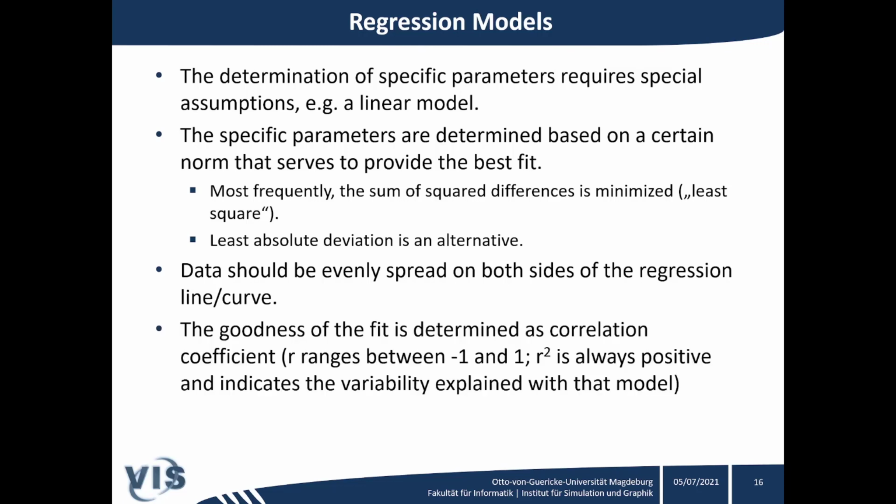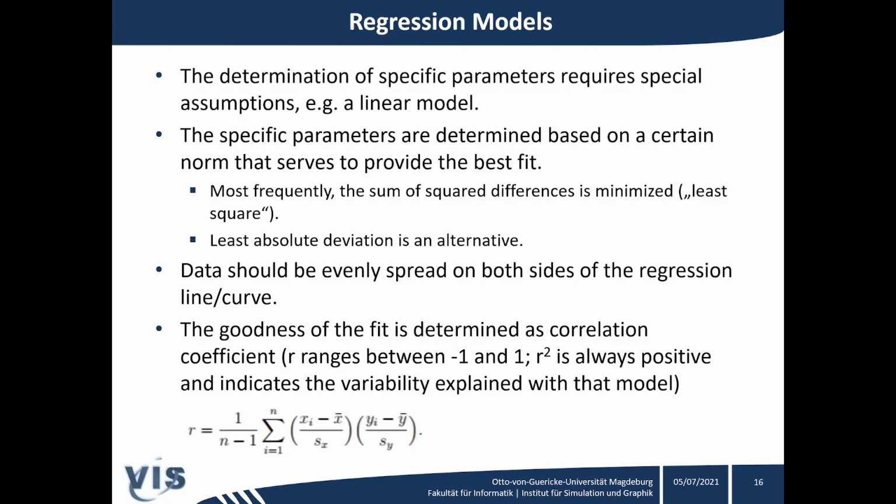To validate the goodness of the fit, we determine the correlation coefficient, which ranges from -1 to 1, whereas the R² value is always positive and indicates the variability explained with the model.